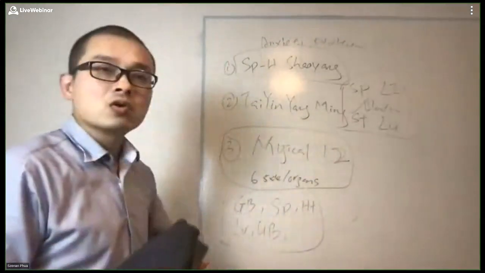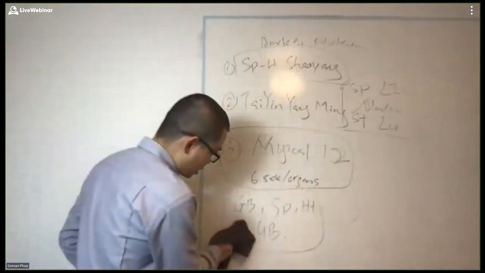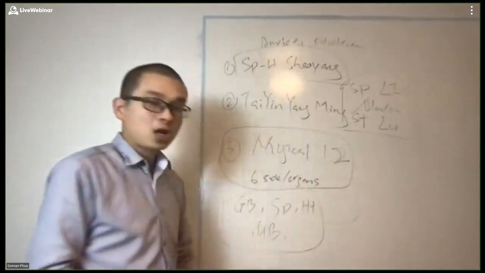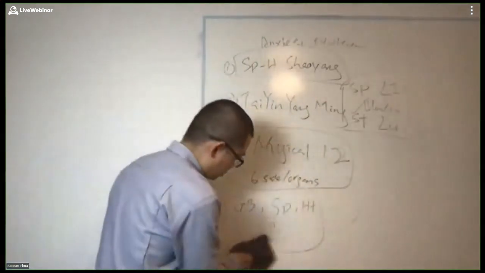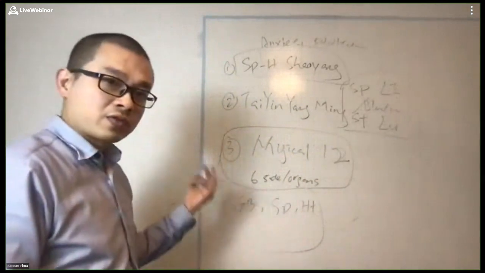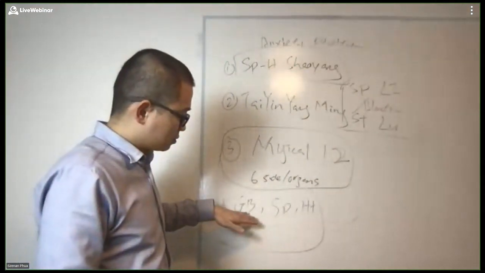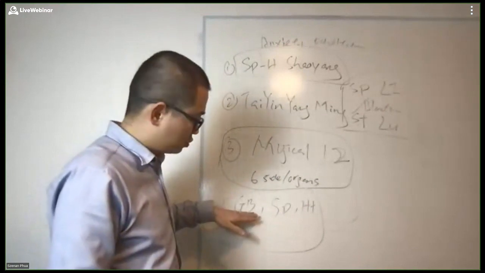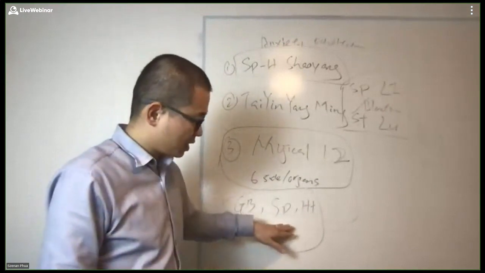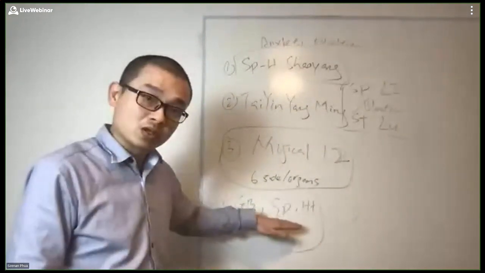You see, and no longer stress or angry, and that's gone. Lower back pain's gone. And now you only have 3 sick meridians or organs. Shaoyang, foot meridian, which is gallbladder, spleen, and heart. So you only have 3 sick meridian organs in here.